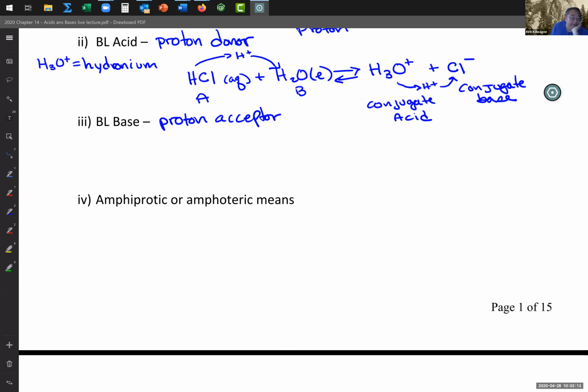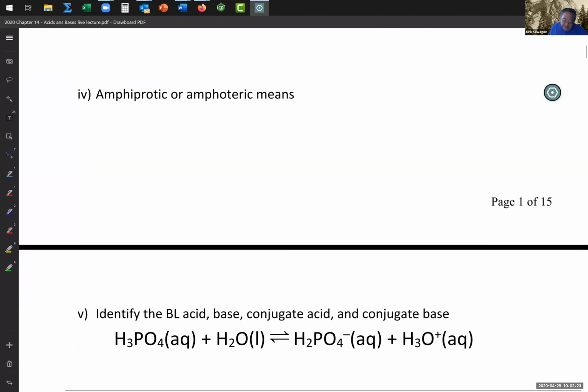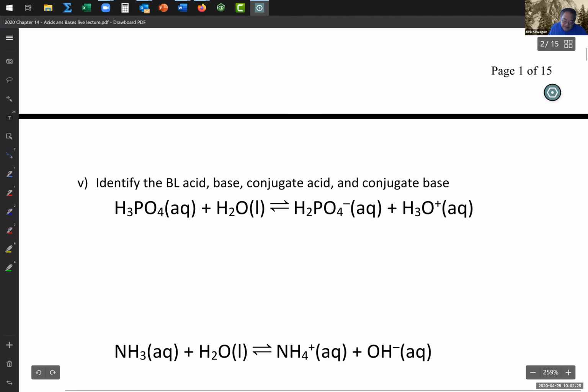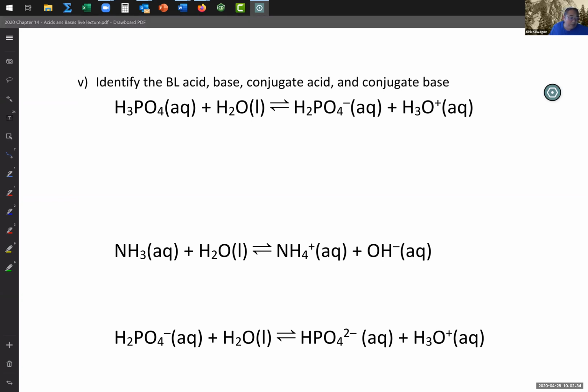All right, so that's just to get some stuff out of the way for definitions. And what I'd like to do is skip some of the information in the middle, but give you guys an opportunity to do these ones. Take a moment to think about which is the acid and which is the base. So let's just look at this reaction here, okay?